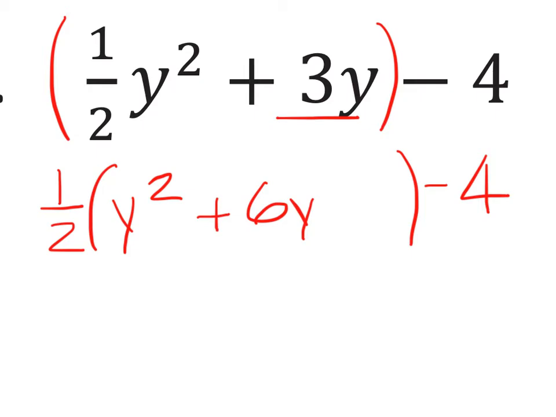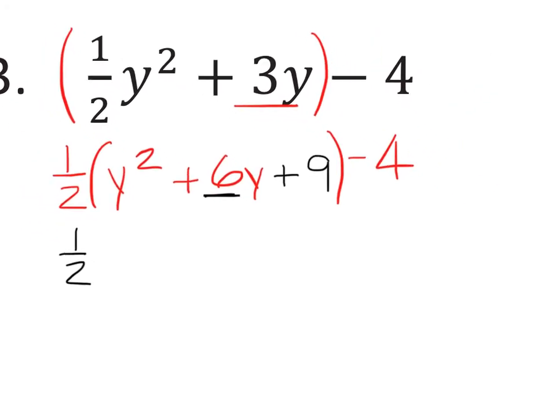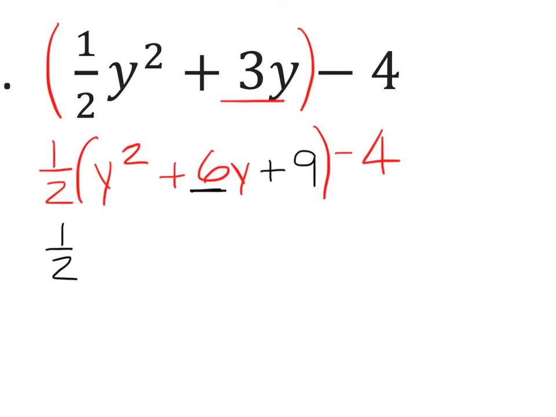Now follow the same steps that we have done previously. Oh, we're not ready for the 1/2 yet. We still have to finish this out. Half of 6 is 3. 3 squared is 9. Okay, so did we add 9 to this expression? No. What did we add? 1/2 times 9 is 4.5.